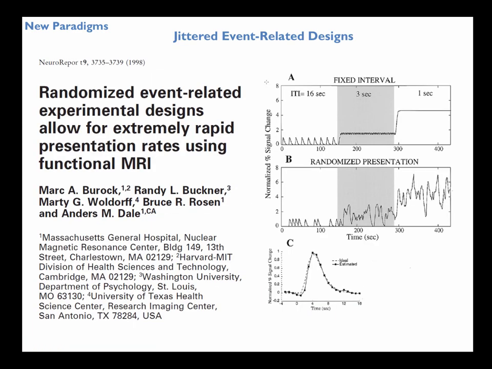And then the field took off, in which Mark Burrock and others realized it behaves as a linear system, and so you could do various things like jittering, randomizing the sequence to actually get more stimuli in and then deconvolving the hemodynamic response very effectively. So that was an important driver for the field.